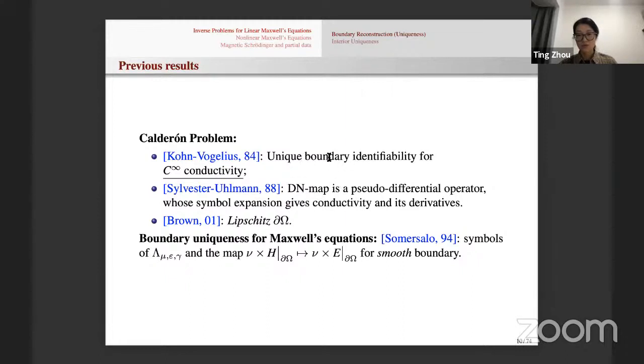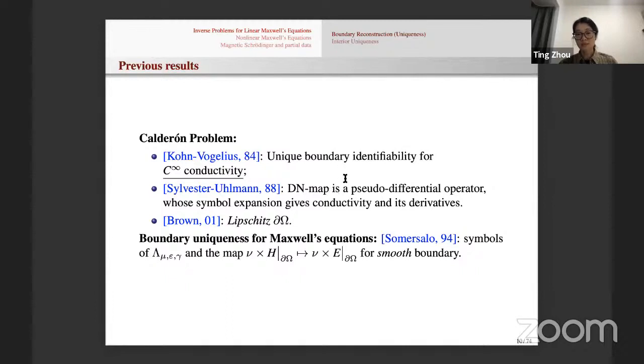They were able to uniquely recover the boundary value of the conductivity. Moreover, in the 88 paper, they show that the DN map is a pseudo-differential operator whose symbol expression can give you the conductivity function and its first derivative, or higher derivatives, depending on which term you are looking at in the expansion.